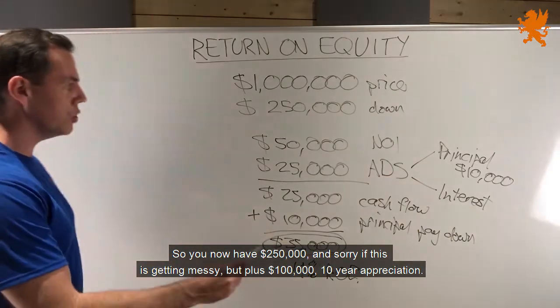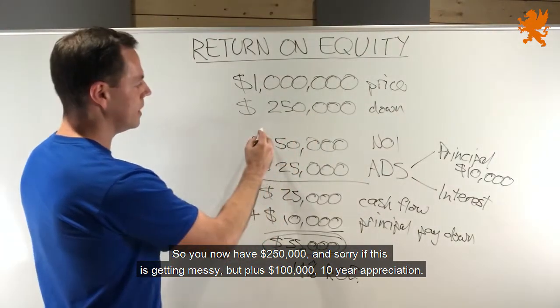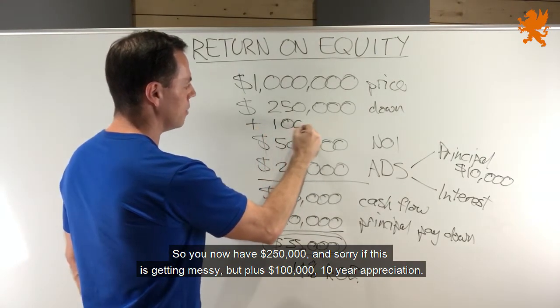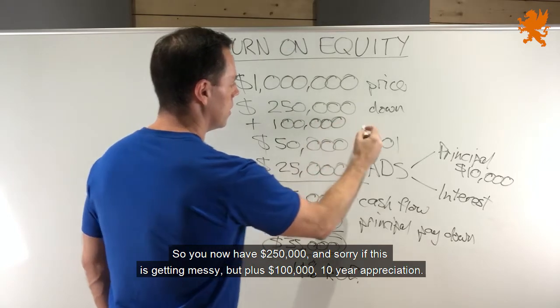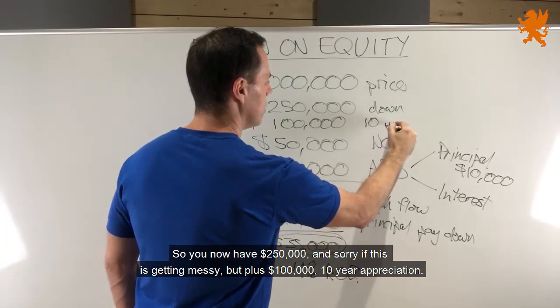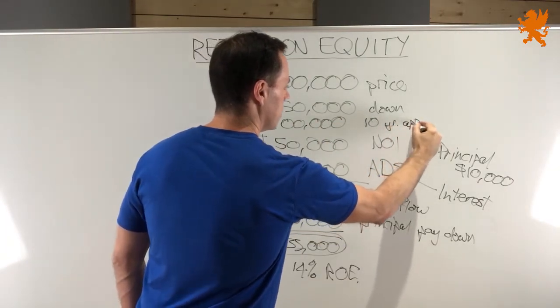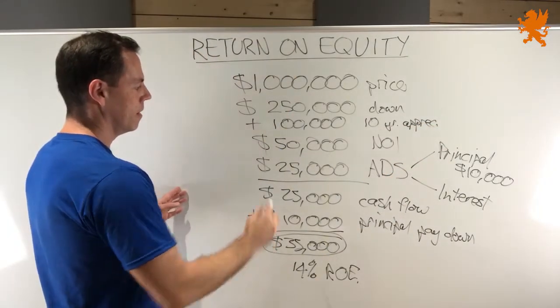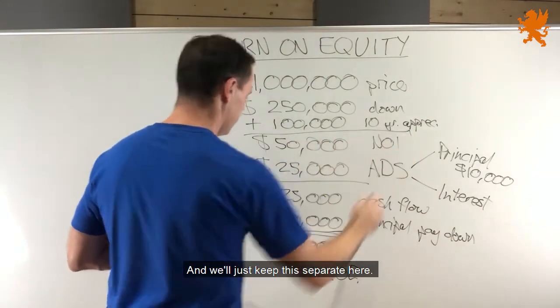So you now have $250,000, and sorry if this is getting messy, plus $100,000 10-year appreciation. Okay? And we'll just keep this separate here.